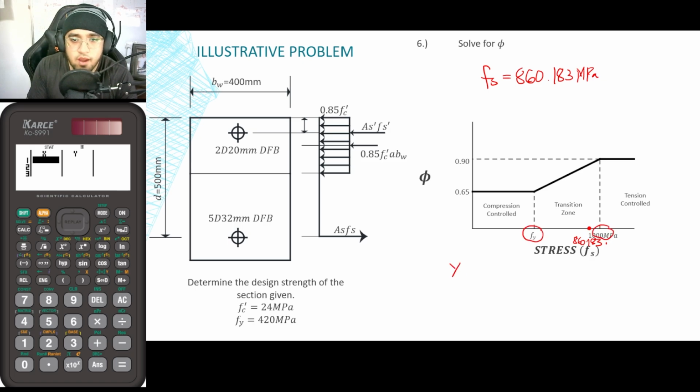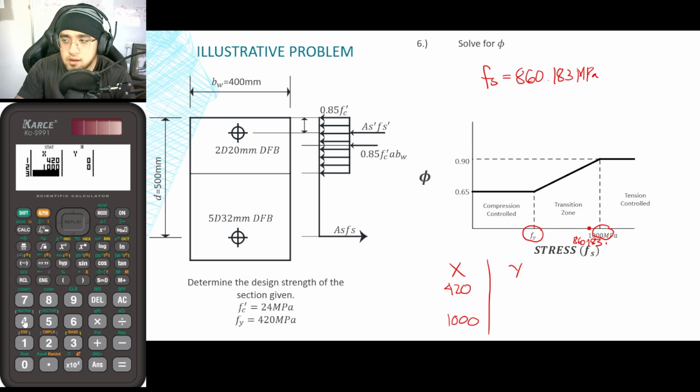So once again, for x, let's say that this is y, I will now be typing 420 here and 1000. Okay, so from that, this is now 420 and also 1000. For the values of y, for 420, we know that the value of y is 0.65. And for 1000, the value of y is 0.9.